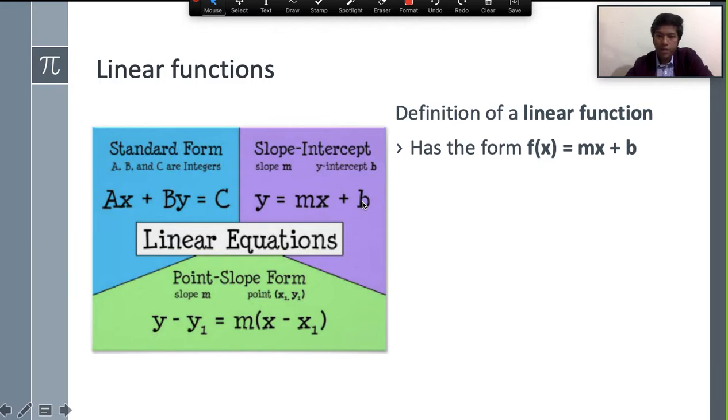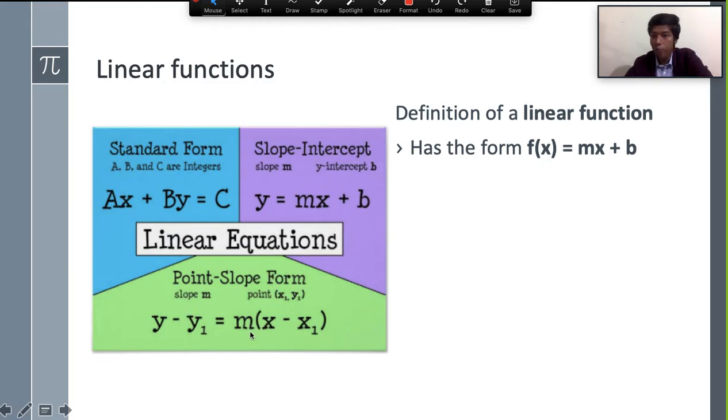Now linear functions. This is basically the equation of a straight line. Linear functions, all of them are equations of a straight line. We have the standard form, slope-intercept form, and point-slope form. Slope-intercept: the slope is m, the y-intercept is b. That's why it is called slope-intercept. Point-slope: the slope is m, a point is x1, y1. That's why it is called point-slope.